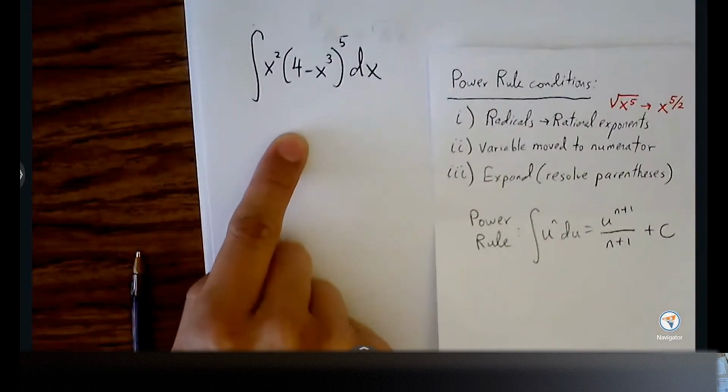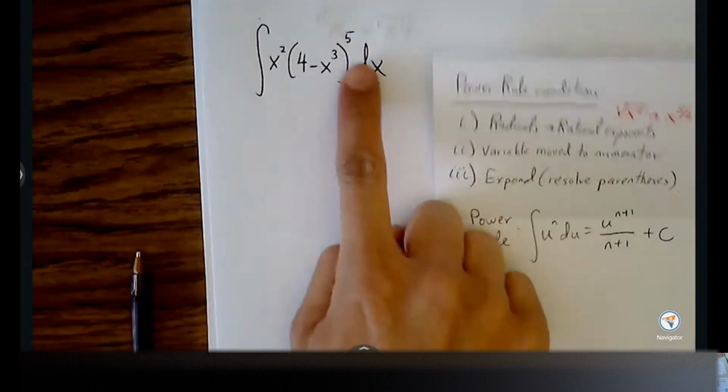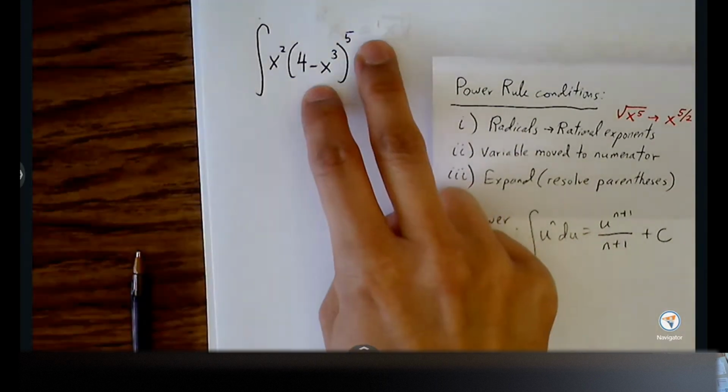But what's not ideal for expansion? Or what makes expansion an issue on this problem? I mean, we can do it, but have more factors or something. Not more factors. But do you think this is hard to do? 4 minus x cubed to the 5th?